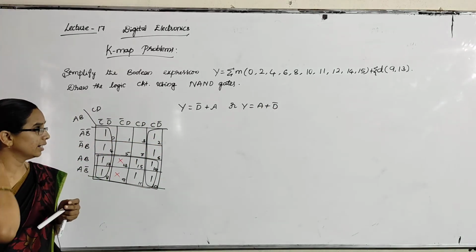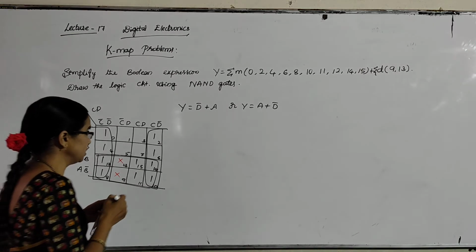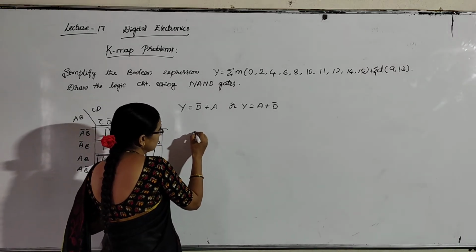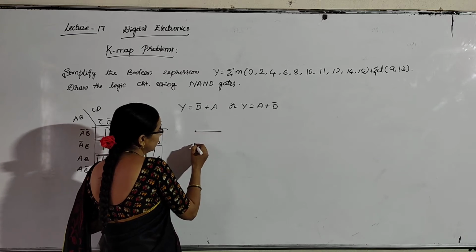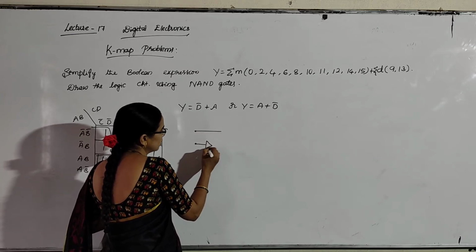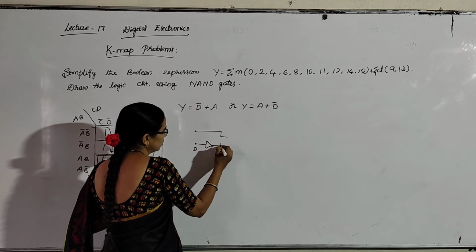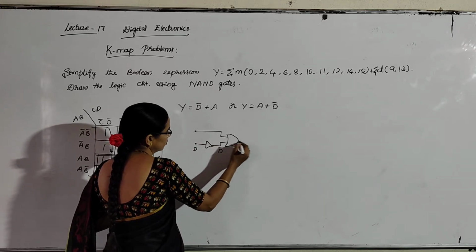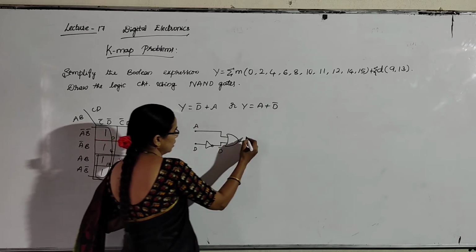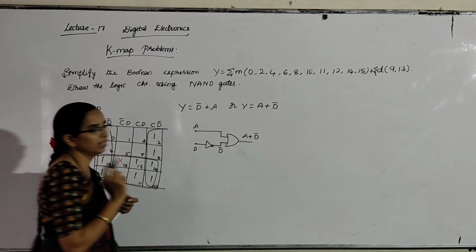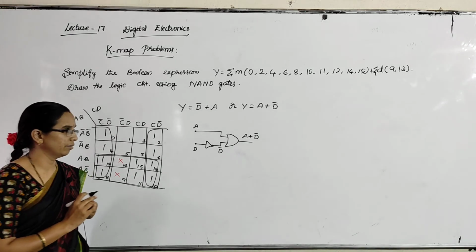So draw the NAND gate circuit as well as the basic gates circuit. We draw both. For using basic gates, A and D bar give A plus D bar. Only one OR gate and one NOT gate is required.